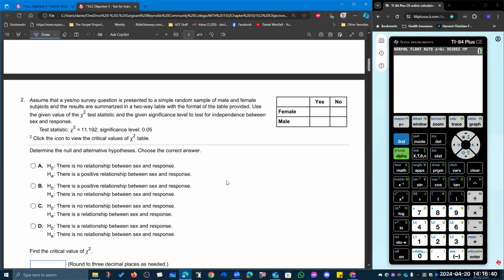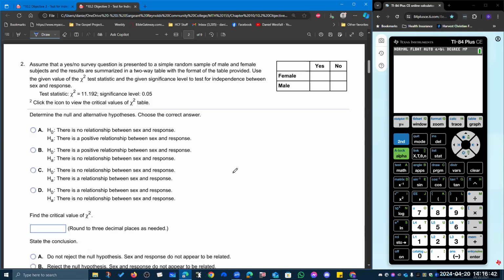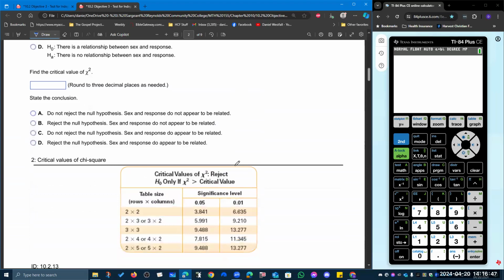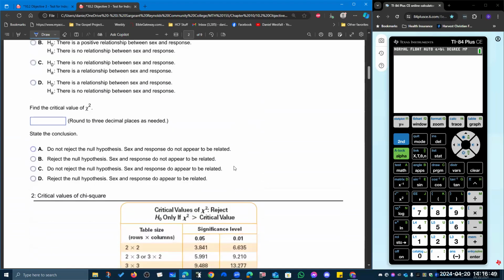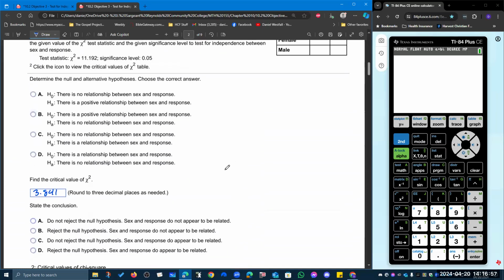Let's go ahead and try this one now. It's also a 2x2. It has an alpha of 0.05 this time, giving us a critical value of 3.841. We still have the same type of H naught and HA, where there's no relationship between the rows and columns in H naught, and there is a relationship between rows and columns in HA.